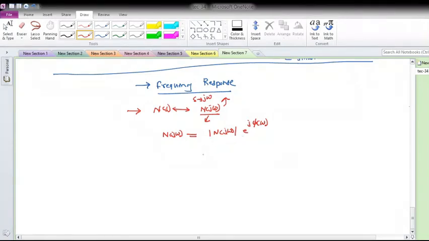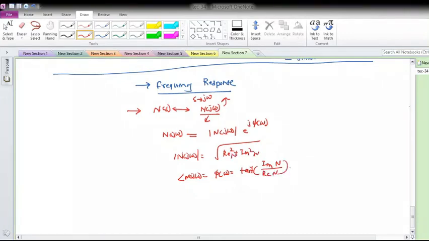The magnitude is the square root of the real part squared plus the imaginary part squared. The angle, phi of omega, I can calculate as tan inverse of the imaginary part of the network function divided by the real part of the network function.